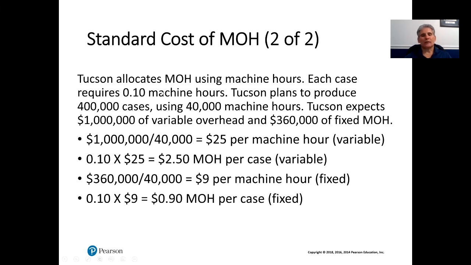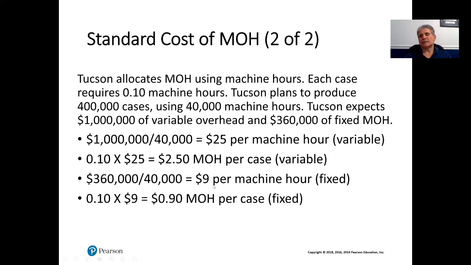That's for variable. We're going to do the same thing for fixed, except for fixed we're going to use different numbers. Our total fixed MOH that we're projecting for the entire year is 360,000. We're thinking we're going to have 40,000 machine hours for the next year, so 360,000 divided by 40,000 gives us $9 per machine hour.